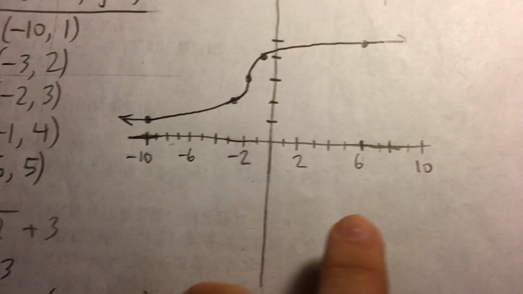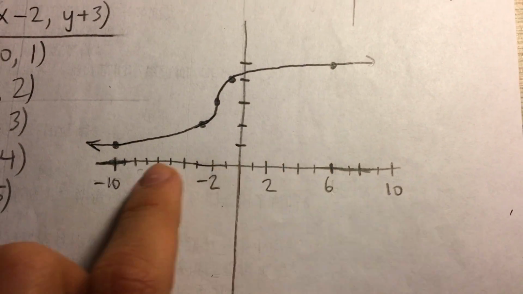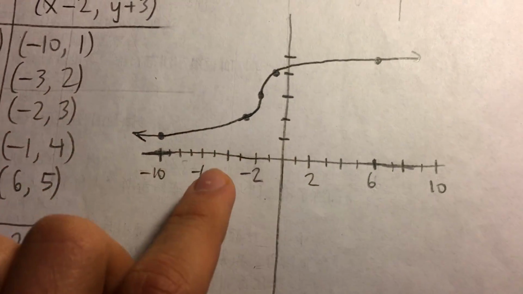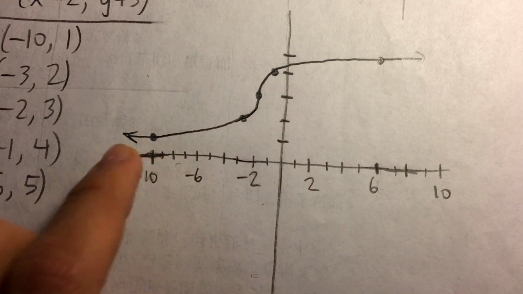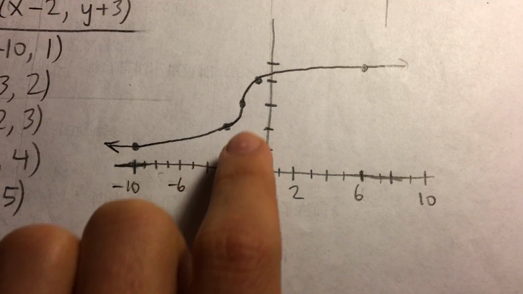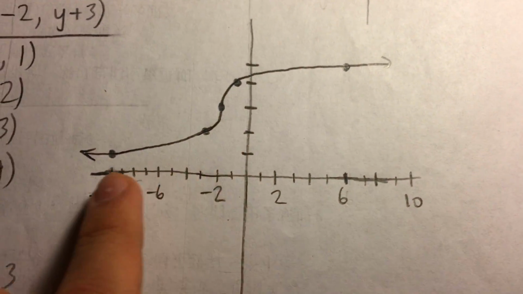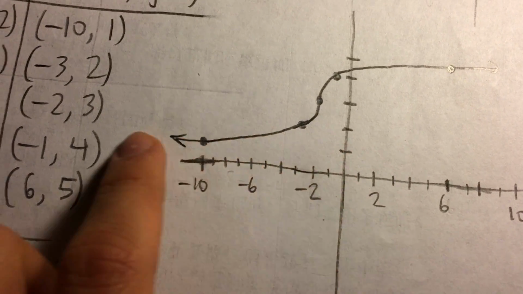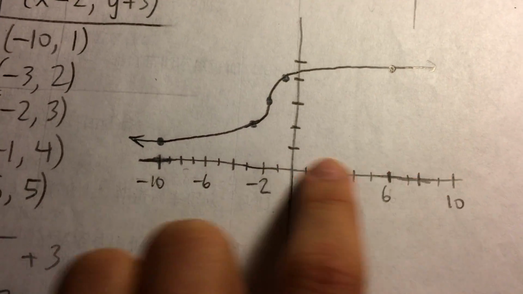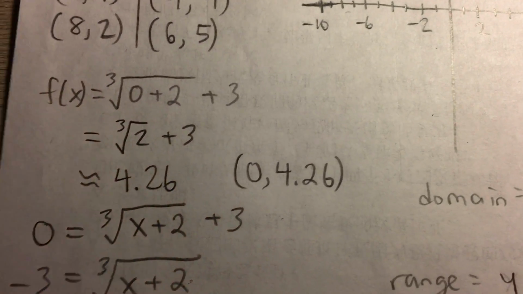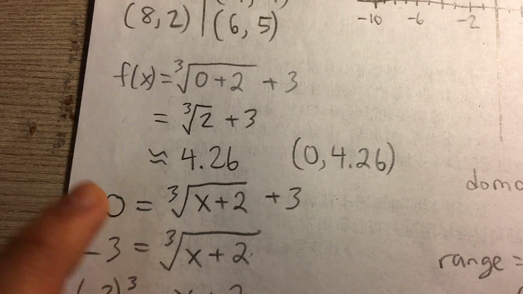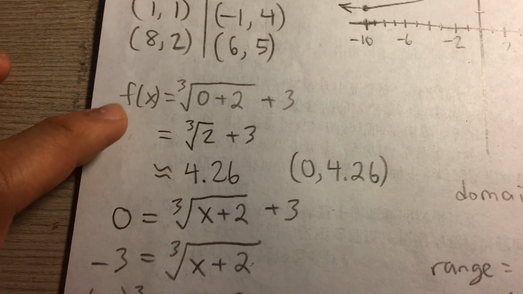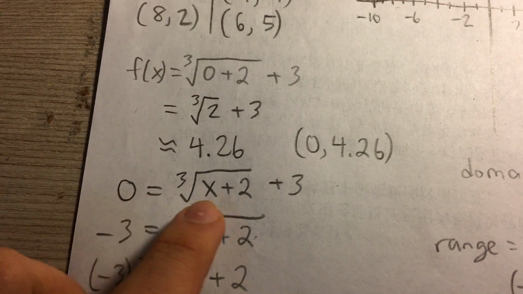Now to find the x-intercepts, I have to find where the y-coordinate is equal to 0. You can tell this is not going to approach the x-axis here, but down in the negative direction, if I keep going out, it's eventually going to touch the x-axis. So I'm going to plug in 0 for y, or f of x, and then solve for x.